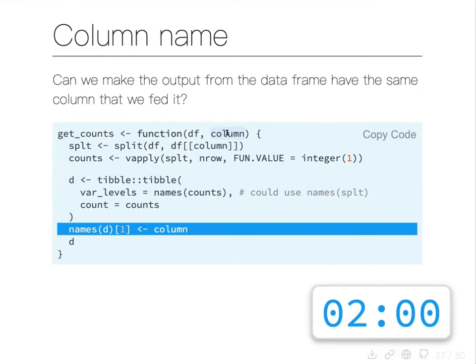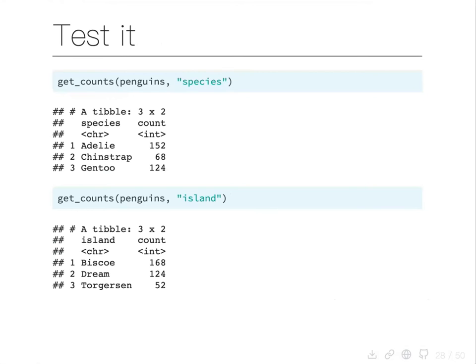Because column is a string that I'm passing to the function, so that should just redefine that name. The first name, and then I'm returning d rather than the names of d. So now I can test it out, and it looks like this: get count, species, species, island, island. The counts are good. Questions on that?